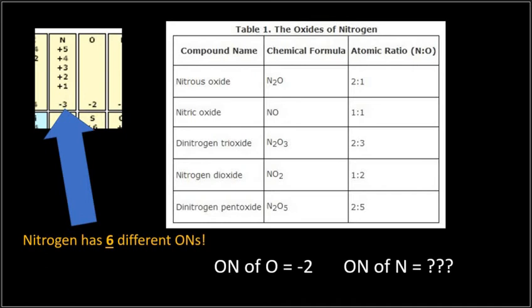Now, if you know that oxygen is a -2, and you know it needs to add to a 0, you should be able to eliminate one of the oxidation numbers immediately, and that is the -3, because a negative and a negative in no way can add together to make a positive, or a 0 in this case. Okay, so let's go through each of these different compounds containing nitrogen and oxygen and see how it works out.